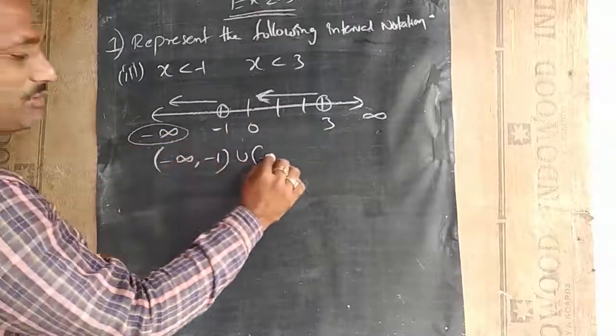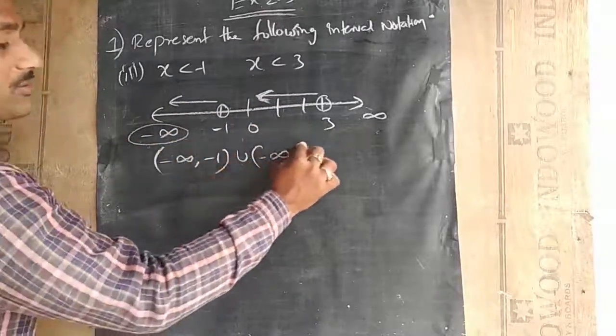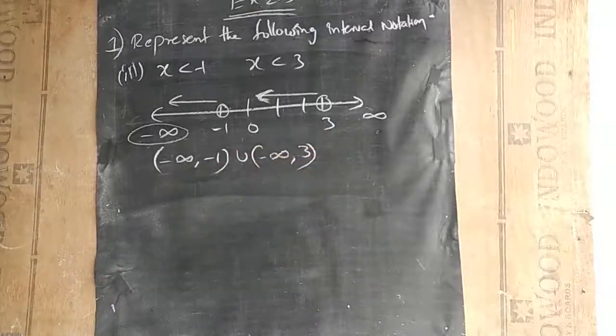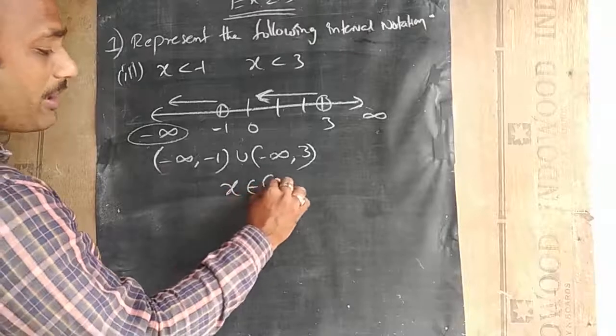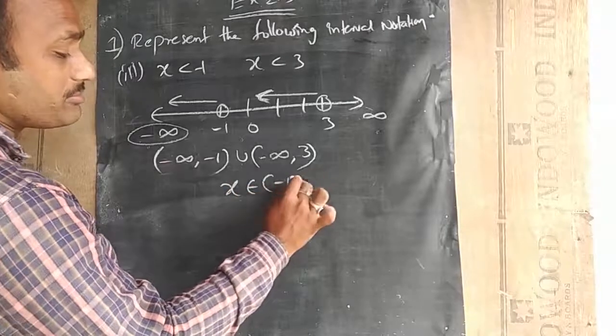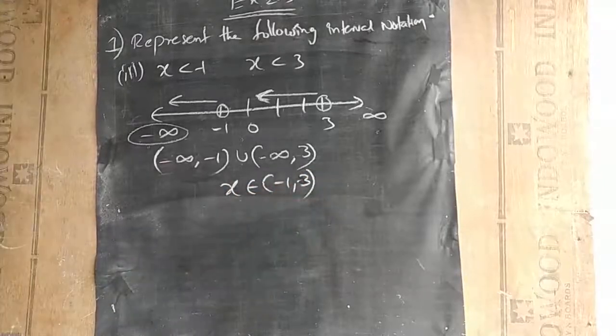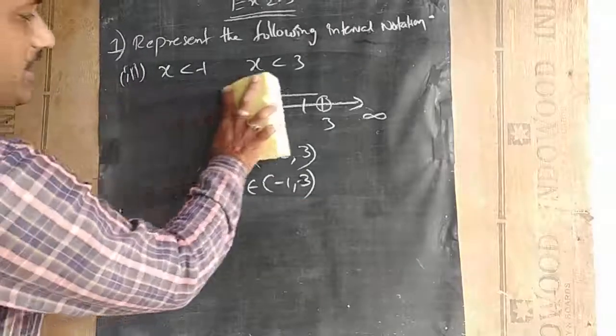The smallest number is minus infinity only again, comma 3. So our final answer will be x belongs to minus 1 comma 3. Let us take the next question.